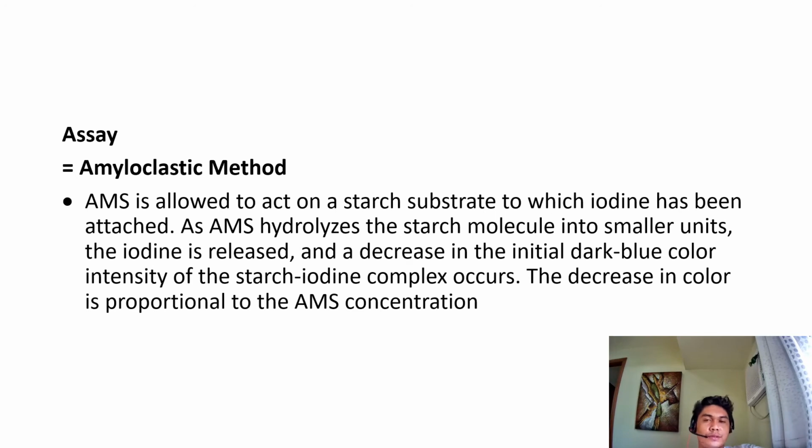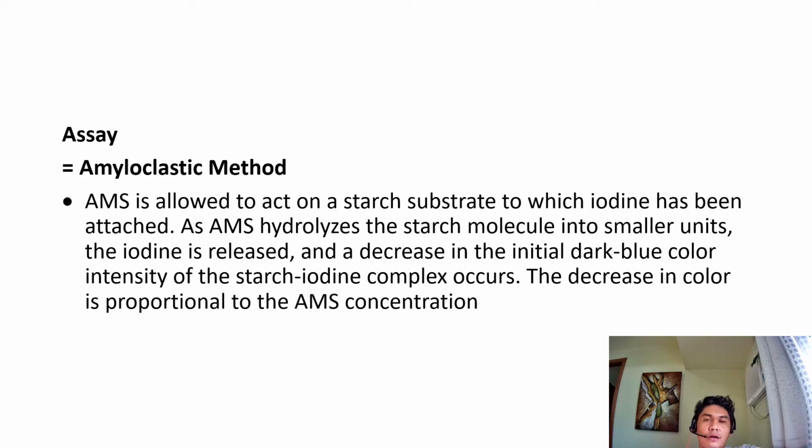Okay, so next we'll talk about the different assays or methods in the determination of amylase activity. First is the amyloclastic method. For the amyloclastic method, amylase is allowed to act on a starch substrate to which iodine has been attached. As amylase hydrolyzes the starch molecule into smaller units, the iodine is released and a decrease in the initial dark blue color intensity of the starch-iodine complex occurs.